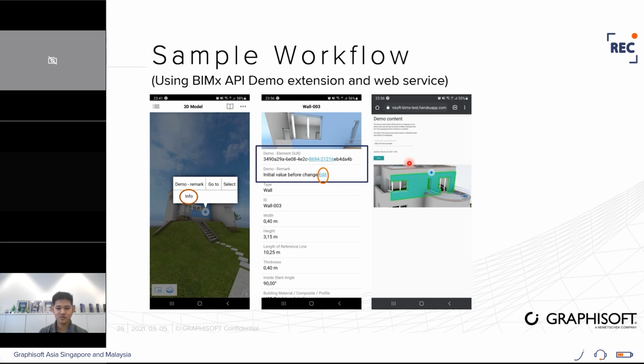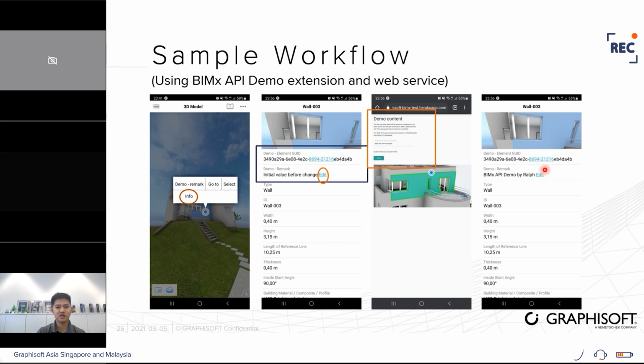So this one is already outside of the BIMx API scope. But this just shows that after you save it there, you can fetch the details with the updated entries. From the initial value before the change, I changed it to BIMx API demo by rank.